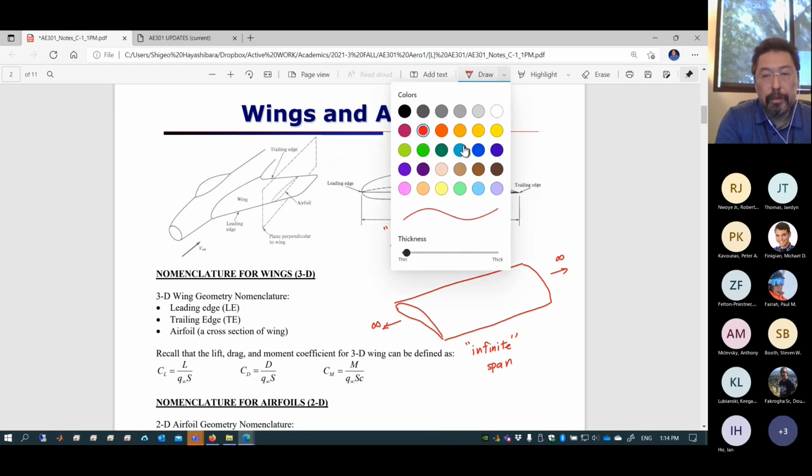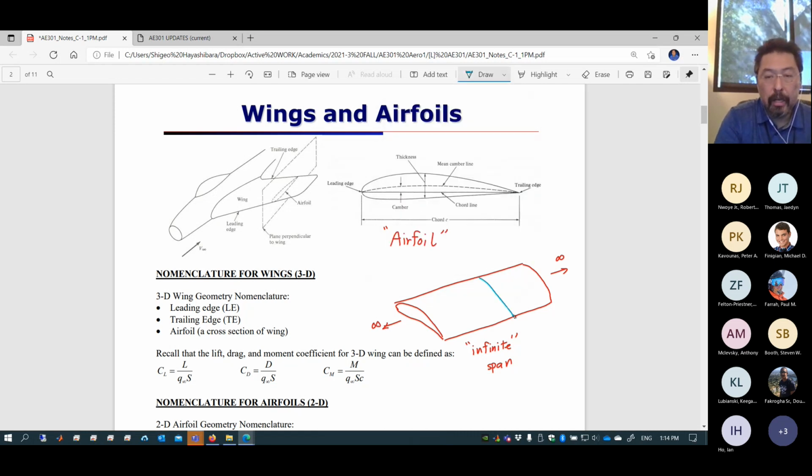Then you are going to introduce a cut, which is a unit span cut. Unit span is 1. It could be 1 meter, 1 inch, 1 foot, anything's fine depending on the unit system you're dealing with, but this is called unit span.